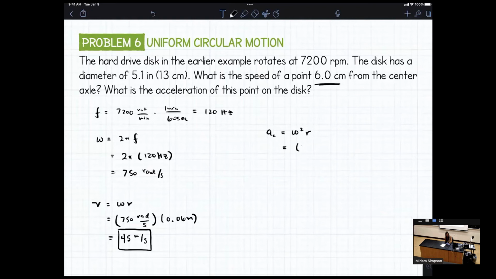So we say 750 radians per second, squared, and then this is 0.06 meters. Plug all that in, you get about 34,000 meters per second squared, and once again the radians squared has just vanished, but that's kosher in this case. So here's your acceleration.